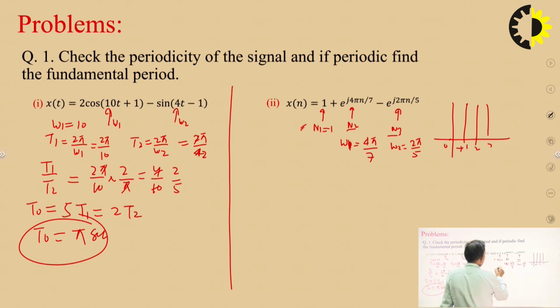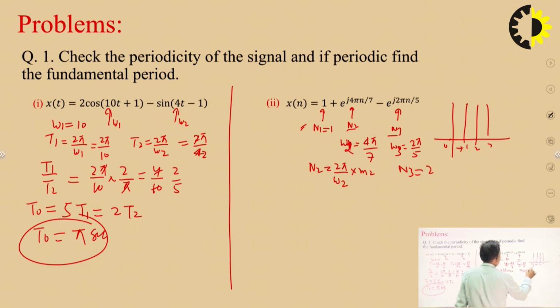Okay, so n2 equals 2 pi by omega 2 into m2, n3 equals 2 pi by omega 3 into m3. So n2 equals 2 pi upon 4 pi by 7 into m2.